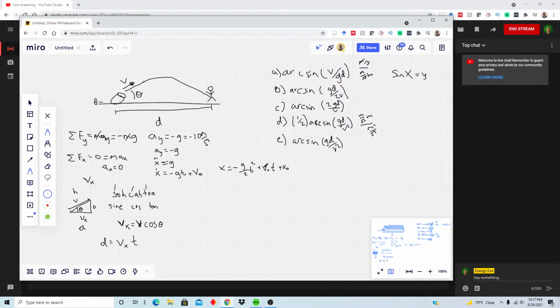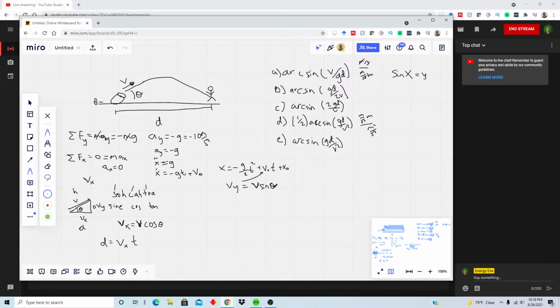Our initial velocity is going to be Vy. Similar to the Vx, how would we solve for this Vy in terms of theta and V? We know that Vy, which is going to be plugged in here, is equal to V times sine theta.